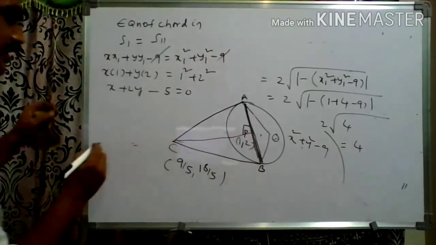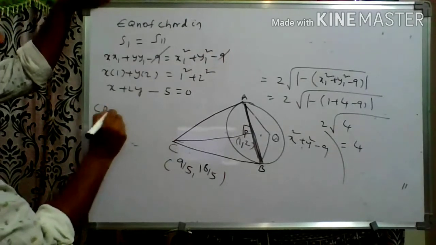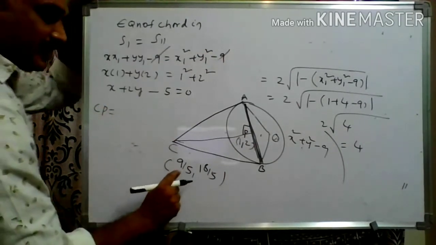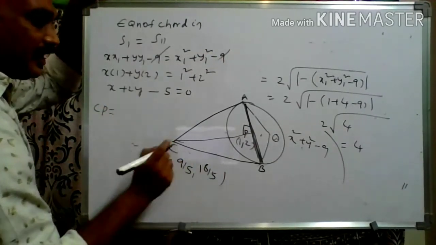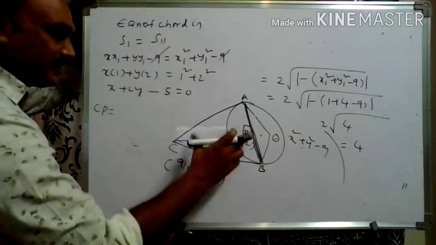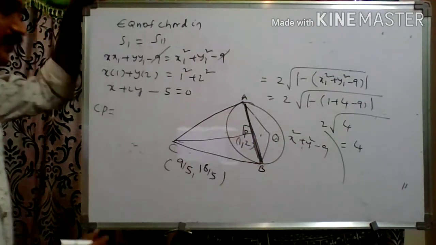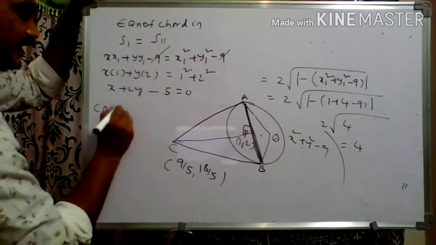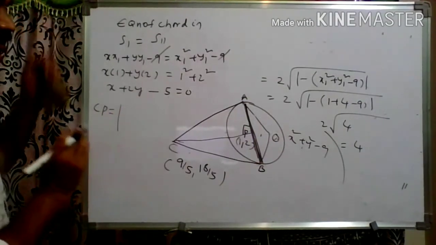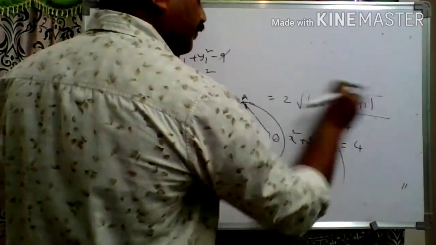So the distance CP is the perpendicular distance from 9 by 5 comma 18 by 5 to the line x plus 2y minus 5. The perpendicular distance formula from the center to the chord ax plus by plus c is equal to 0, at point x1 y1, is mod of ax1 plus by1 plus c by root a square plus b square.